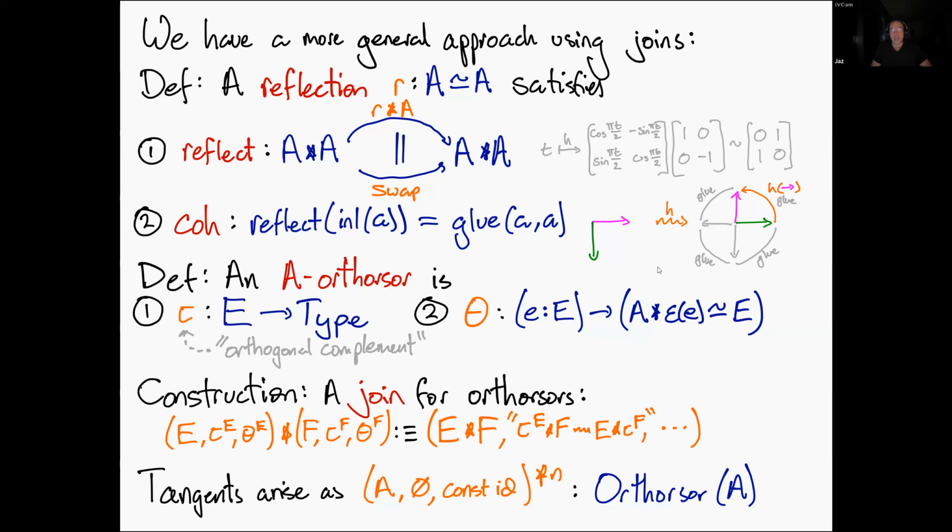How that works is this. We have a type family here, which I've called tau, which is the orthogonal complement. And then we have a theta here, which, for any point on E, gives a join decomposition of E through A with this epsilon. One thing I'll note is that join is the homotopical version of direct sum in the linear world.